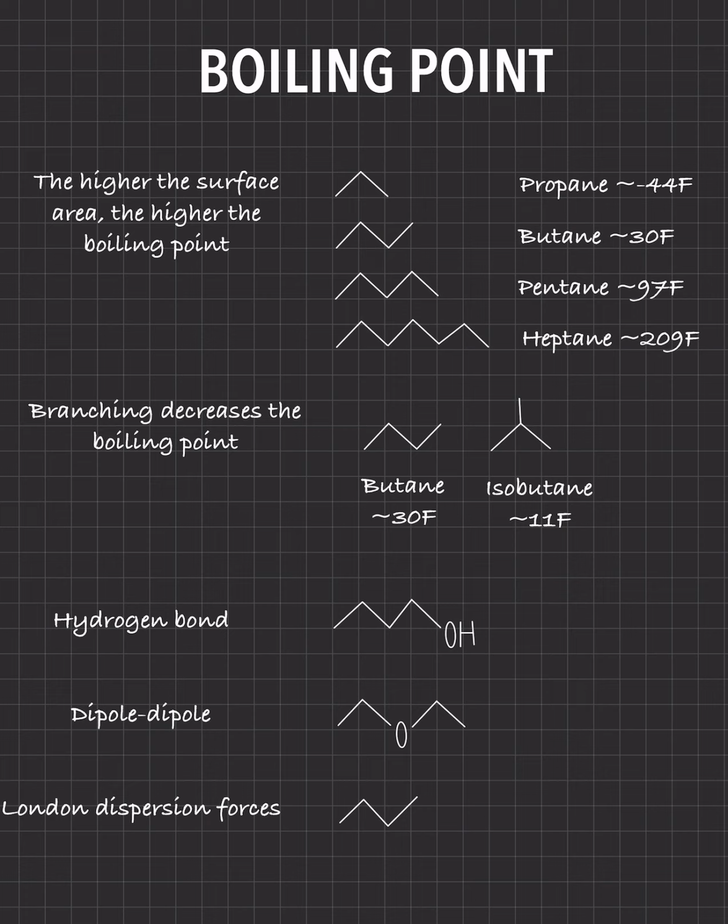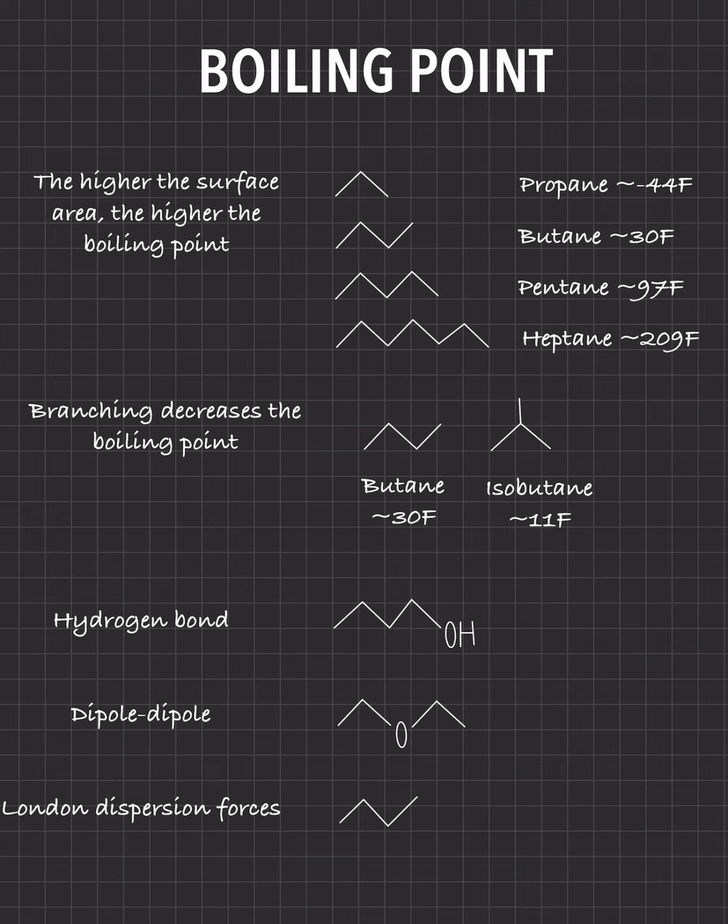Now, notice here that I have butanol, I have diethyl ether, and I have butane. If you're not familiar, the first one has your OH, so definitely you can have hydrogen bonding. The next one has the oxygen in the center, and you're not going to have hydrogen bonding.